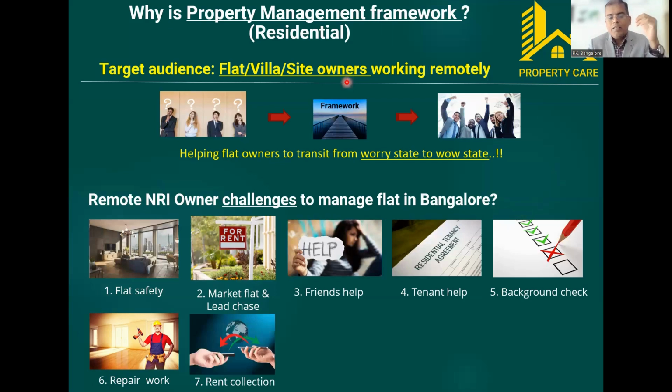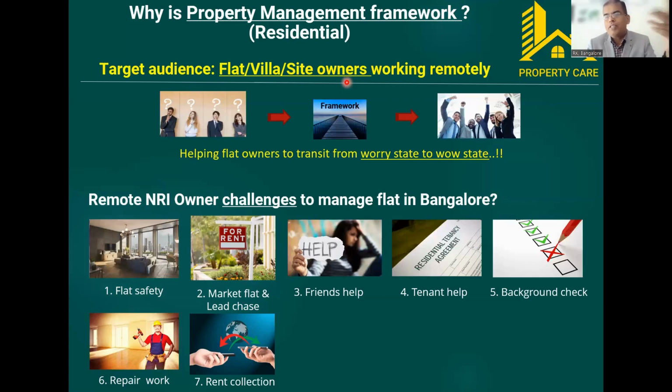So next is rent collection. Sometimes if they default on the rent, sitting there and chasing it is difficult. So as a property manager, we collect the rent and credit it to the owner's account. Some owners with me want it credited directly to their account, so we are flexible.